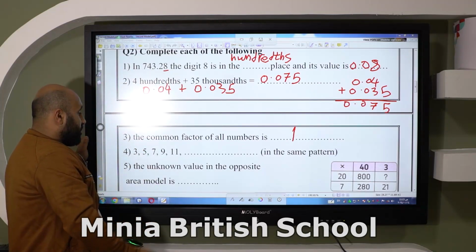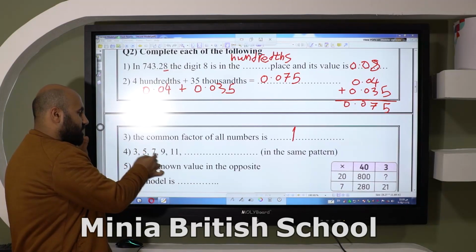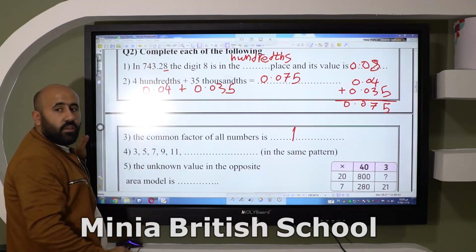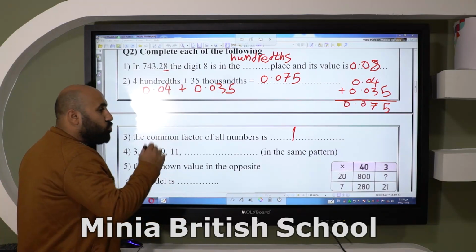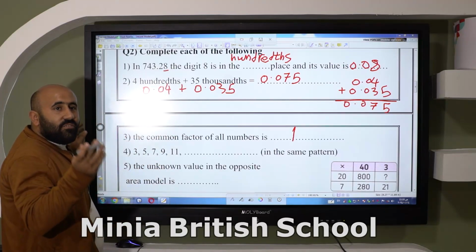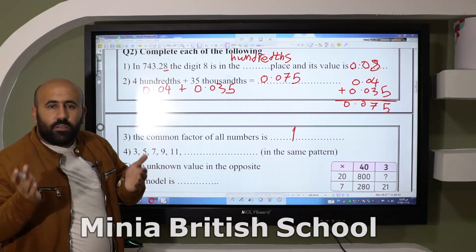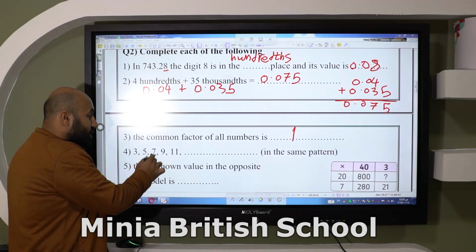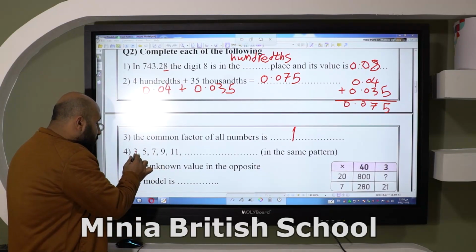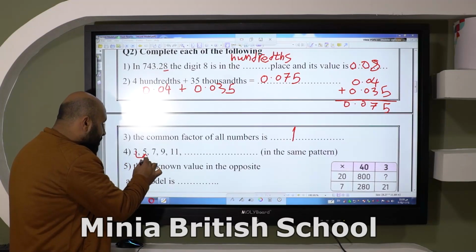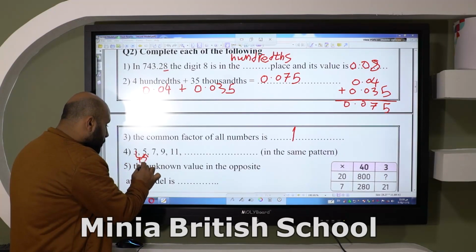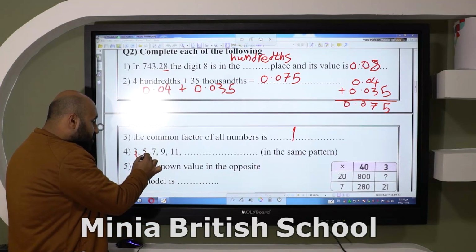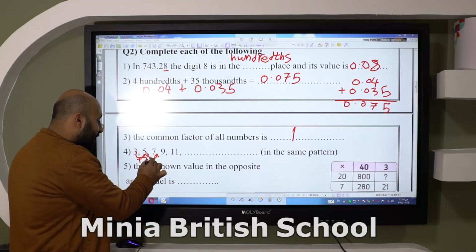He gave me a pattern 3, 5, 7, 9, 11, and he wants me to complete it. Let's find the rule of this pattern. I have 3 and then it became 5, so I added 2, and 5 turned into 7, so I added 2.